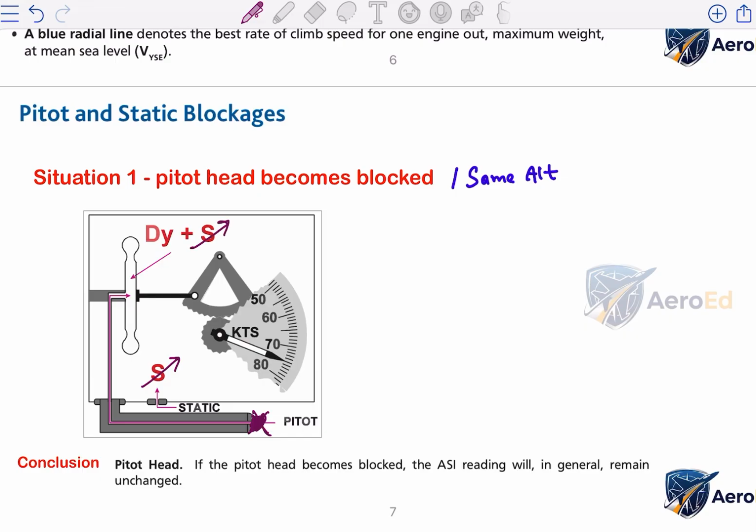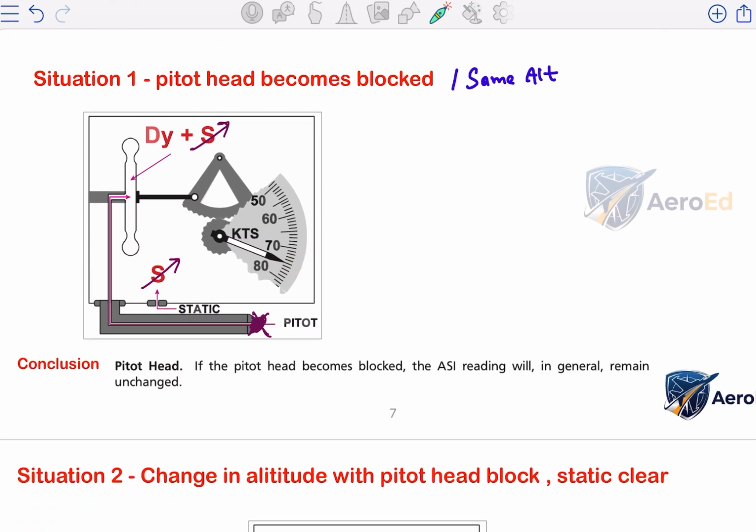But as the pitot head is blocked, there is no change in dynamic pressure, and thus no change in the indication, and the needle remains in the same position. In conclusion, if the pitot head becomes blocked, the ASI reading will in general remain unchanged.